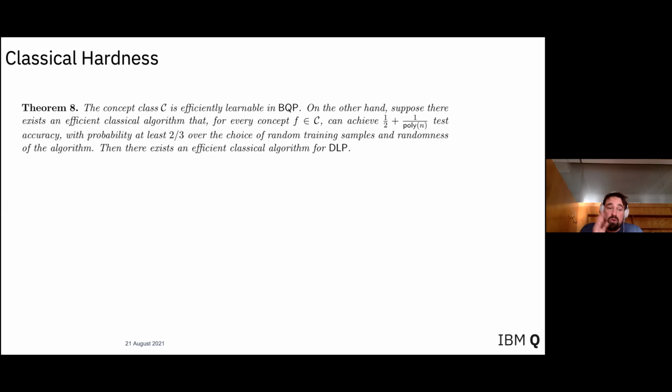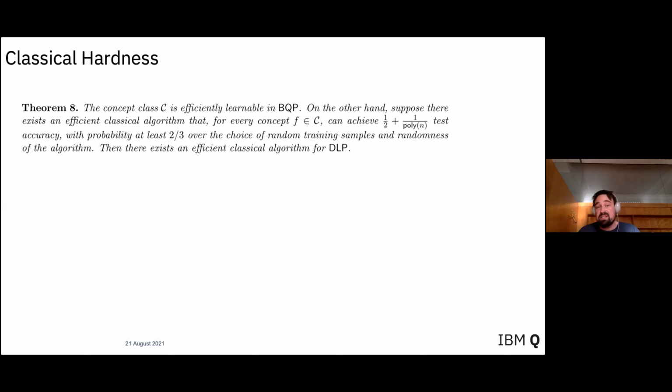Meaning, if you could construct any classifier that, based on seeing a reasonable polynomial number of samples in the precision by which you want to predict the correct label, does so with slightly above 50% accuracy, that classifier would be enough to solve the original problem that we assumed to be hard for a classical computer. So you can essentially conclude that there probably isn't a classical classifier that is able to do that, independent of the form.